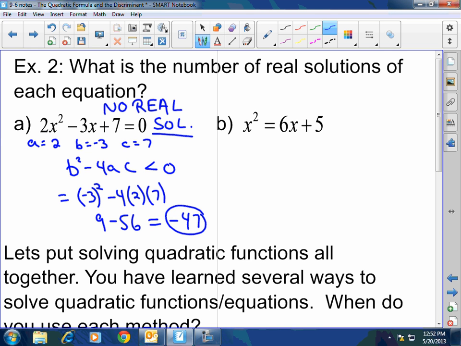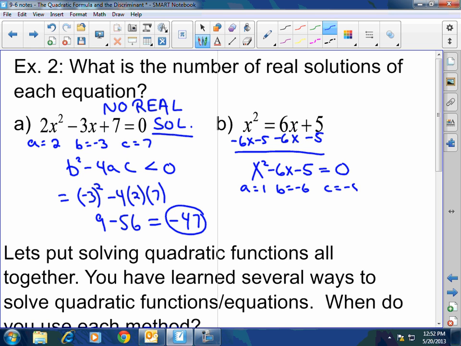For B, just like always, we have to turn it into a trinomial. So I'm going to subtract both 6x and 5 from both sides. So I've got x squared minus 6x minus 5 equals 0. My A is 1, my B is -6, my C is -5. Let's see how many solutions we have.